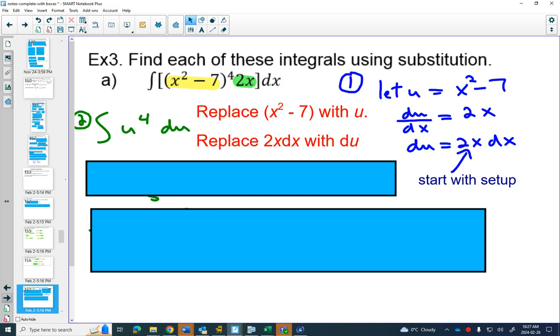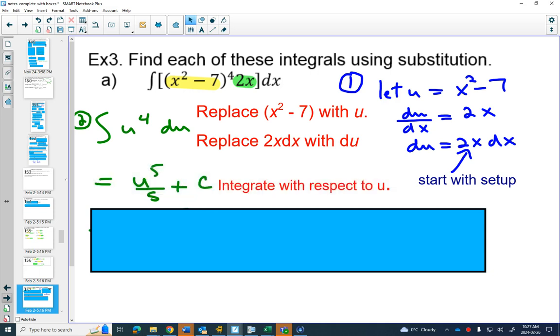So what does this mean? Well, u to the 4 is just add 1 to the exponent, divide by the exponent, plus c. So we just integrated with respect to u instead of integrating with respect to x. And this is an integral that you could probably do in your sleep.